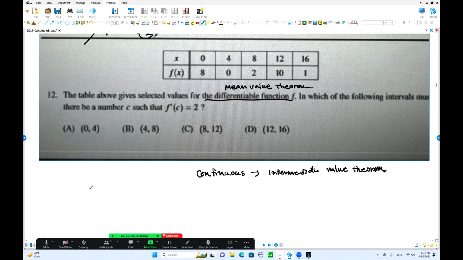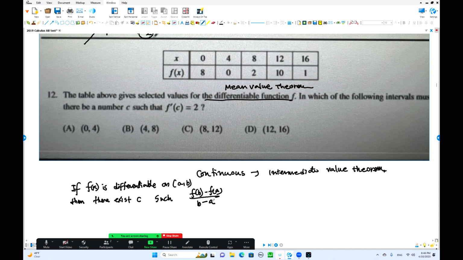The mean value theorem looks like this. If f of x is continuous and differentiable on some interval a to b, then there exists some value of c such that f prime of c equals the slope between these two points.